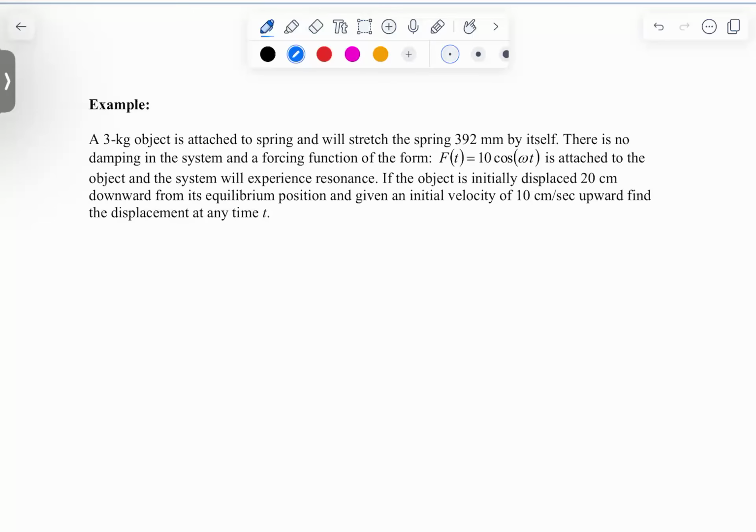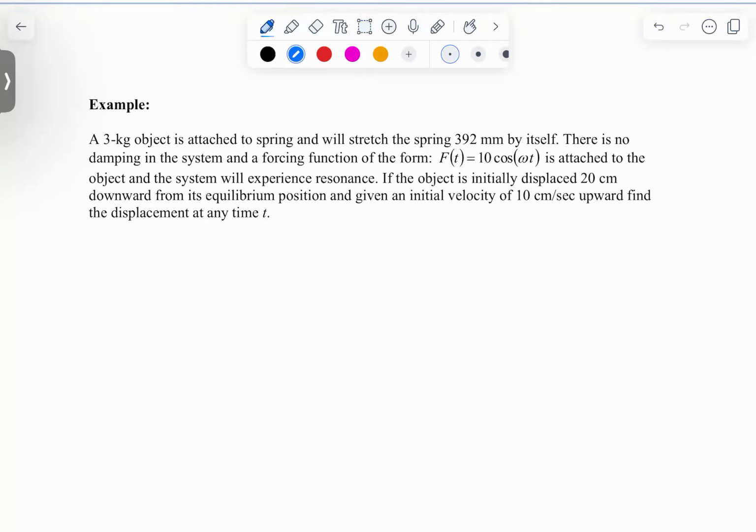So I have a 3 kilogram object, so we're now in metric, which is attached to a spring and will stretch the spring 392 millimeters by itself. Millimeters and centimeters, brutal. Tricky. And newtons to meters.